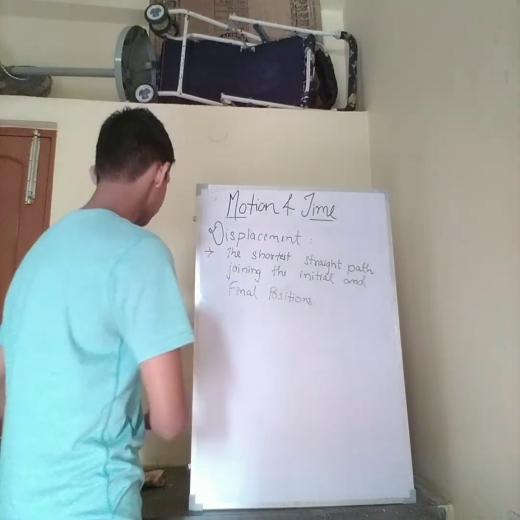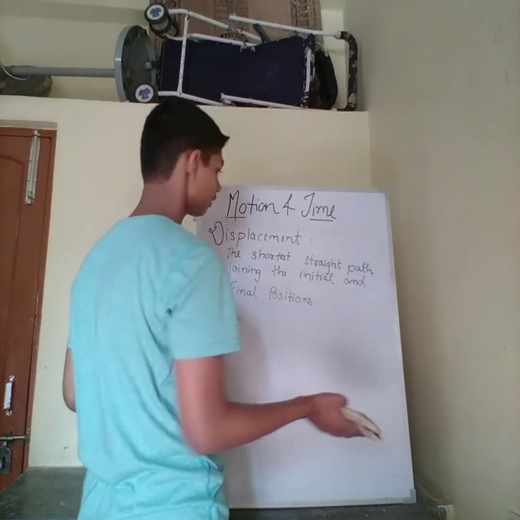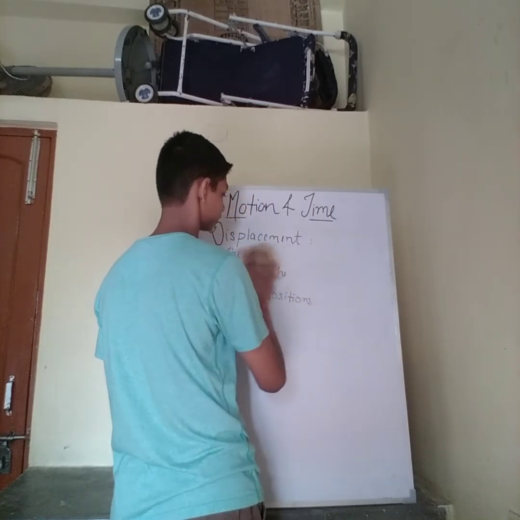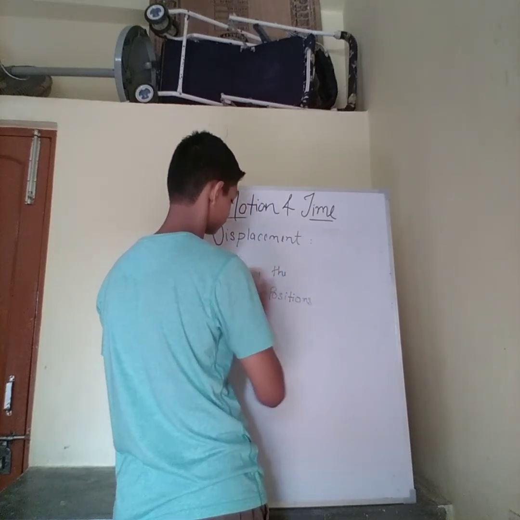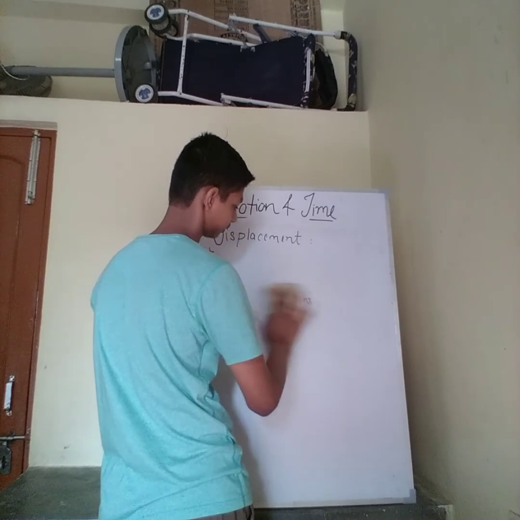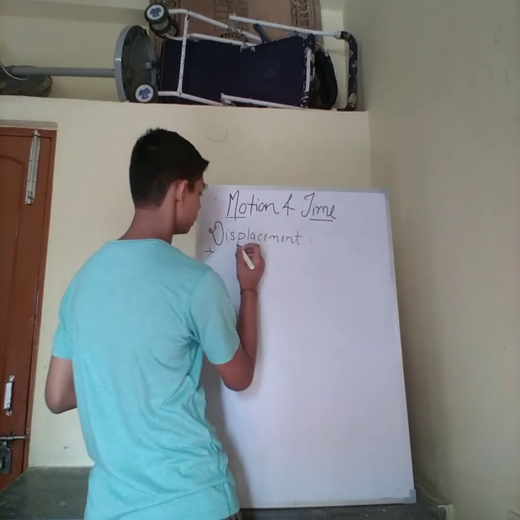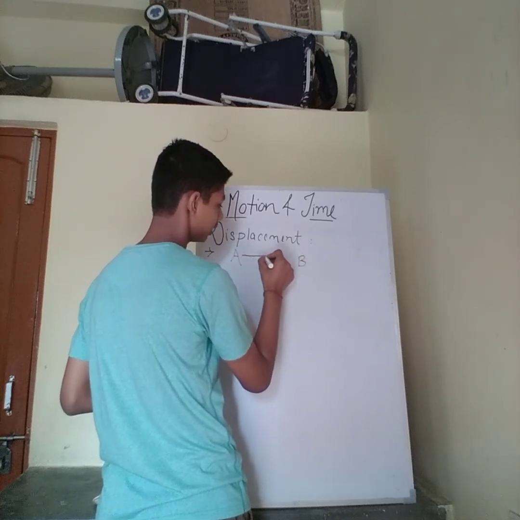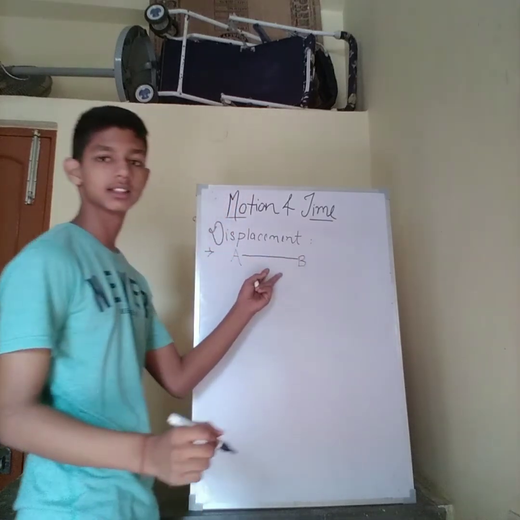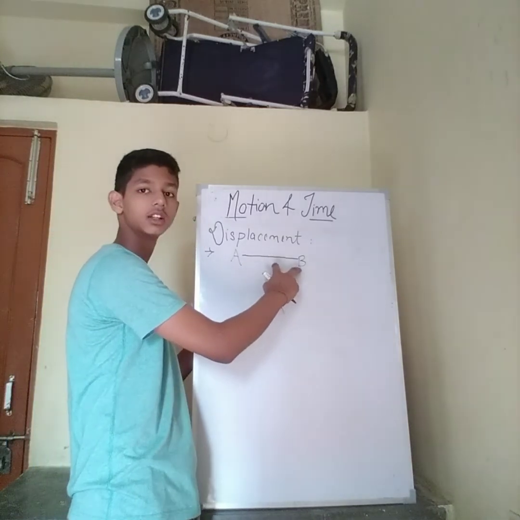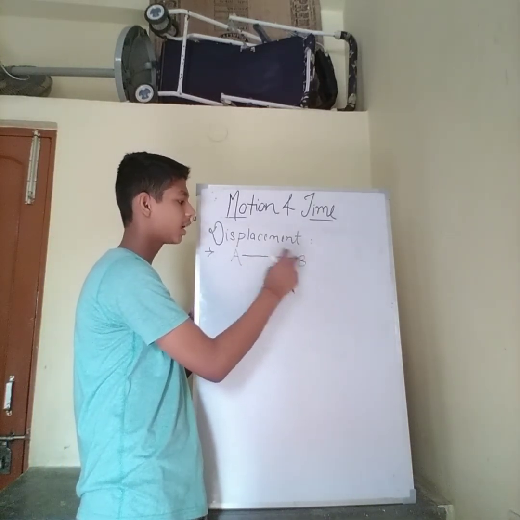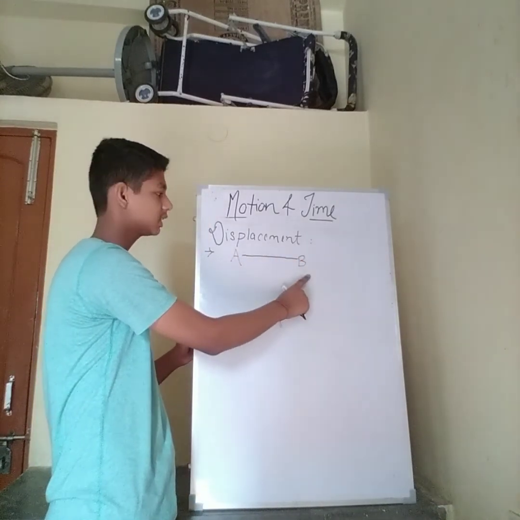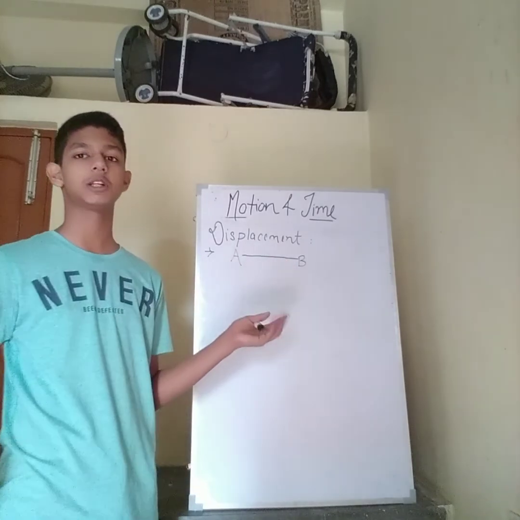For example, we can take initial position A and final position B. The shortest path from A to B, a straight line joining the initial and final positions, is called displacement. The length of this path will be the displacement.